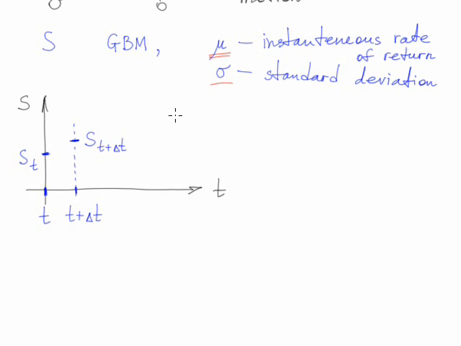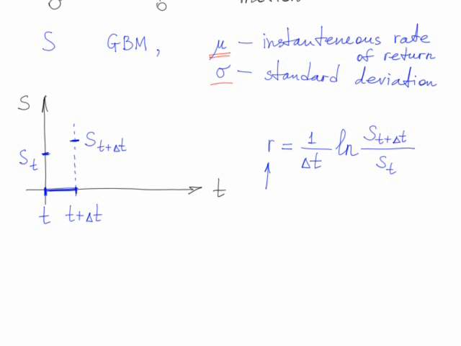So we can write the continuously compounded rate of return as follows. R is equal to 1 divided by delta t, we are just interested in this time interval, times the natural logarithm of S_{t+Δt} divided by S_t.